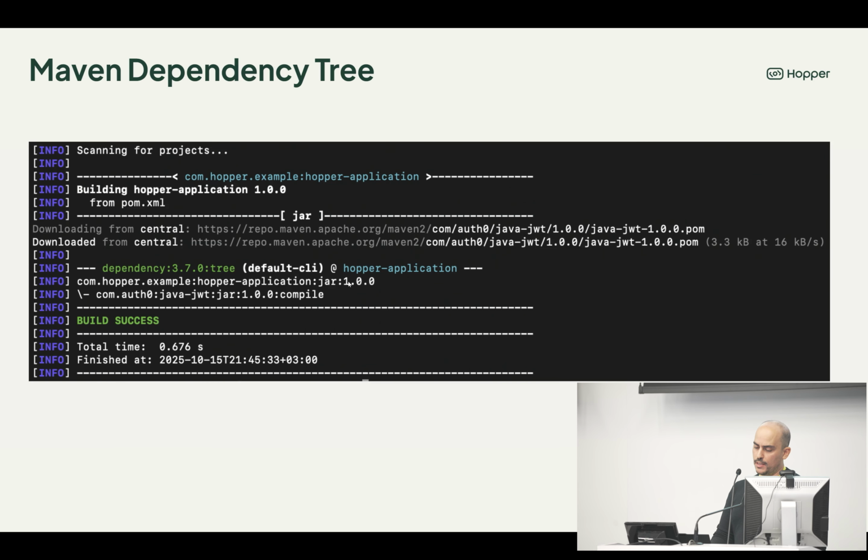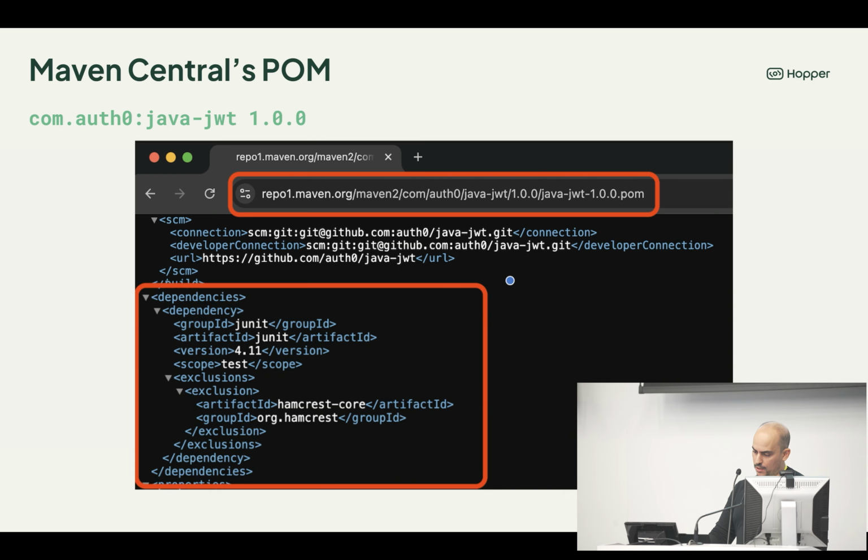So here you can see that I have my root project here, and there is only one dependency. Basically, what I can learn from this dependency tree is that there is no other dependency relevant to com.auth0.